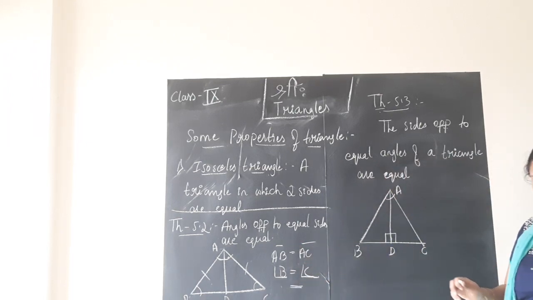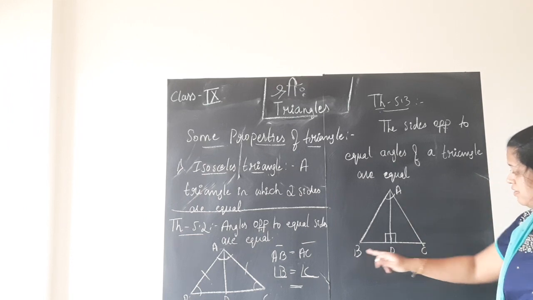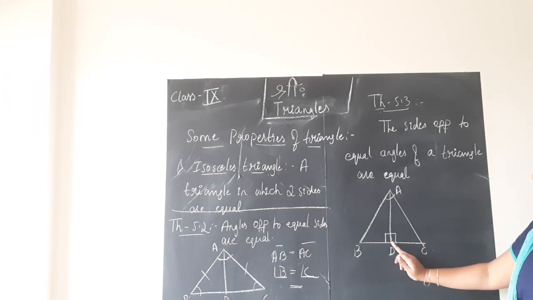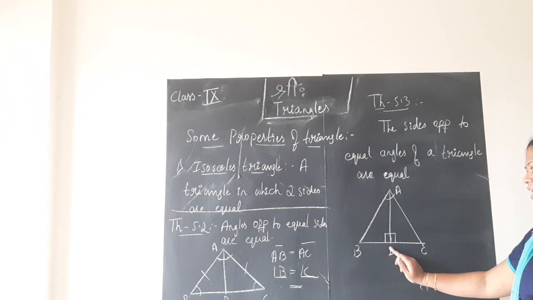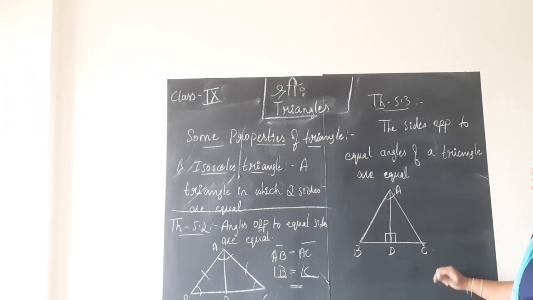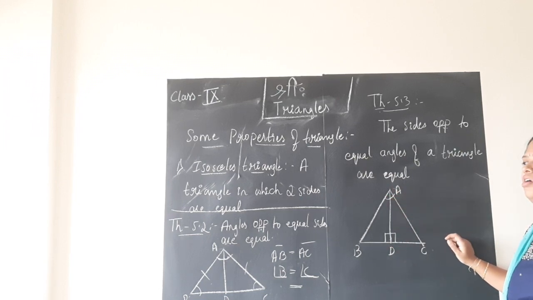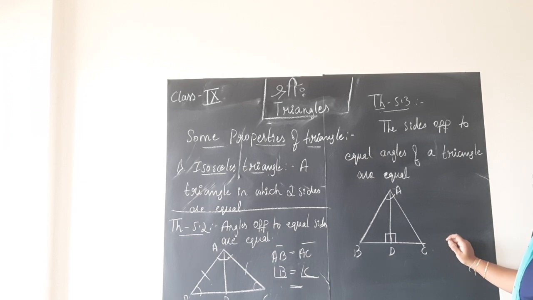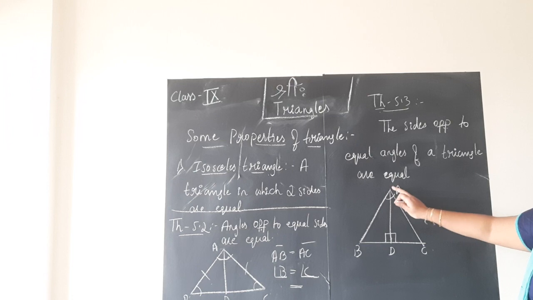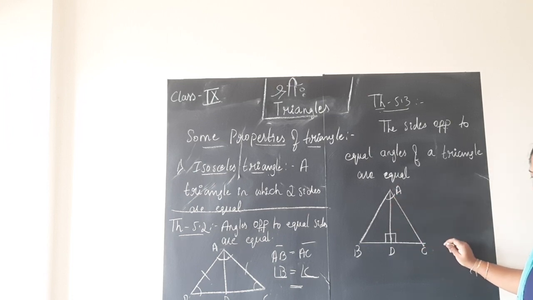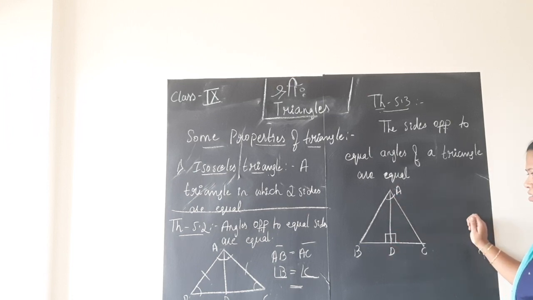Look now, we have triangle ABC and angle D is marked here. Angle D is 90 degrees, while AD is the altitude drawn, children, and angle A is the common angle. Now, if we say angle ADB is equal to angle ADC, so angle D is equal on both sides.